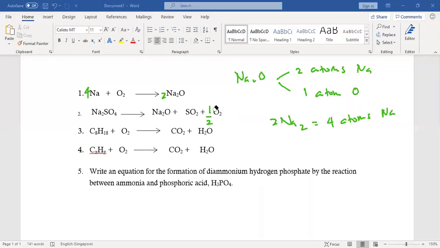So I can erase this one. Now I have here 2, and then this is 2, and this is 2, and this is 1. So I don't need to write 1.